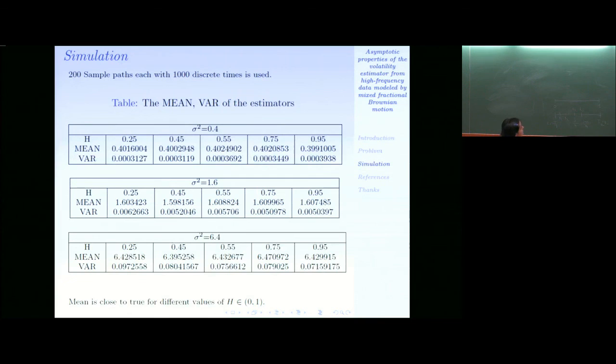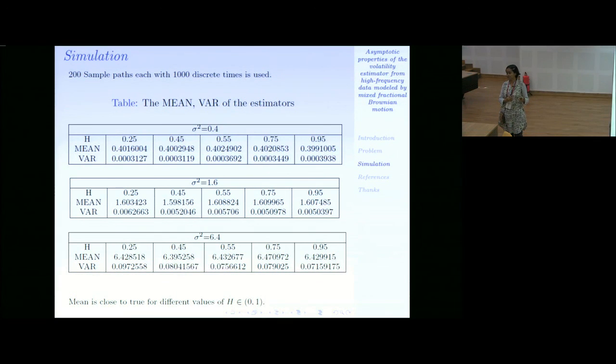So we just try to see how the simulation method really works. Because we have tried it for the whole range of H, we have given this whole range of H and just try to see how this main thing works. You can see that I have taken different sigma square values and tried to see how it is working. So it is working fine, though we need more variance analysis.